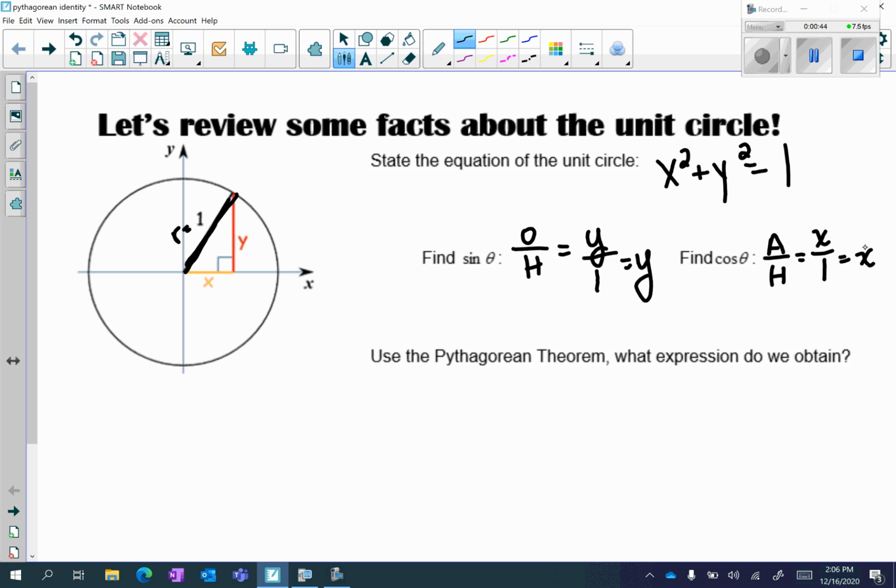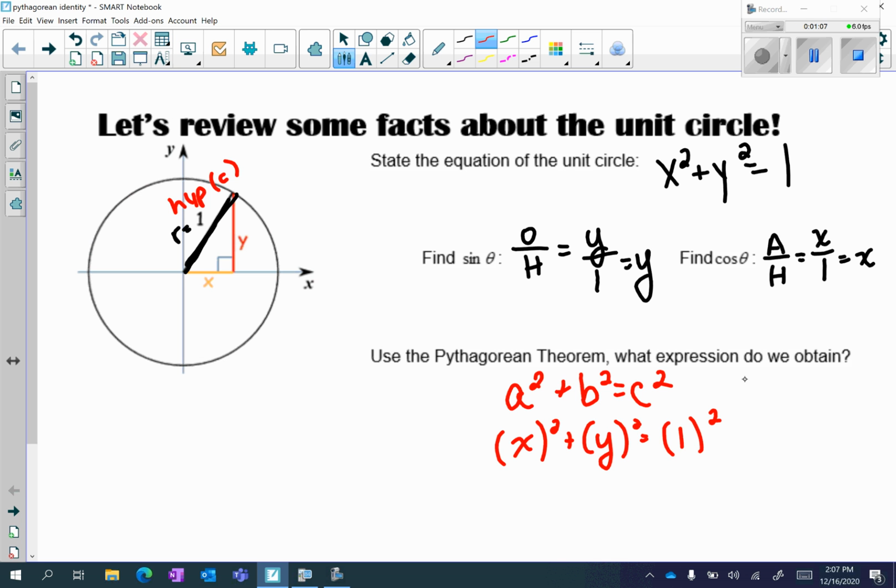Now we're going to apply the Pythagorean theorem, because I have a right triangle, and anytime I have a right triangle, I can use the Pythagorean theorem. So I have a squared plus b squared equals c squared. Remember that your hypotenuse always has to be c. So I have x squared plus y squared equals 1 squared, which is the equation of our unit circle.